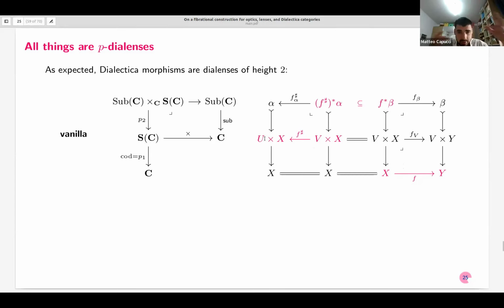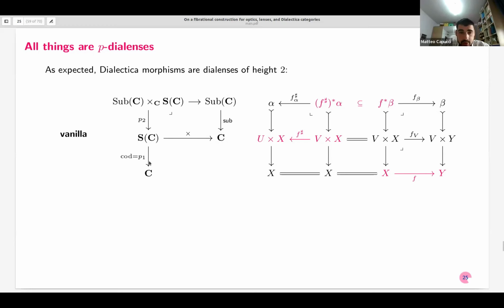And so we're looking at pairs of objects. And what's at the third level? The third level, we have predicates, or let's say sub-objects of the product. So to build this fibration, we pull back the sub-object fibration of C along the comprehension structure in the simple fibration. So this is sending a pair of objects to their product, and we're pulling it back.